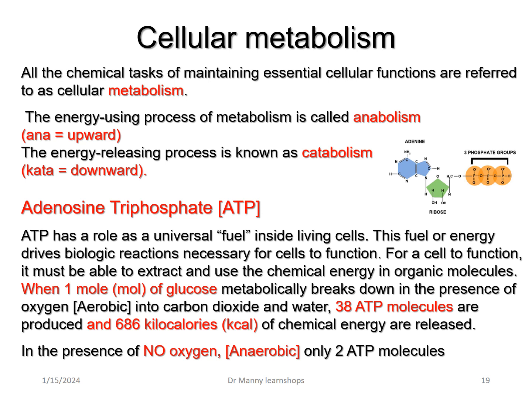If there is no oxygen, anaerobic, only 2 molecules of ATP are produced for every 1 mole of glucose. So aerobic metabolism or aerobic respiration produces a very efficient amount of ATP molecules, 38, when compared to anaerobic metabolism, only 2.